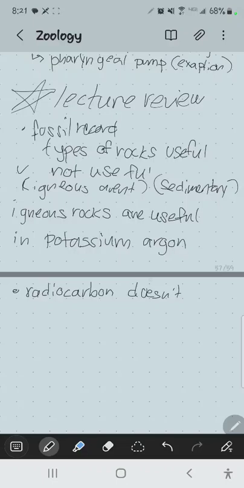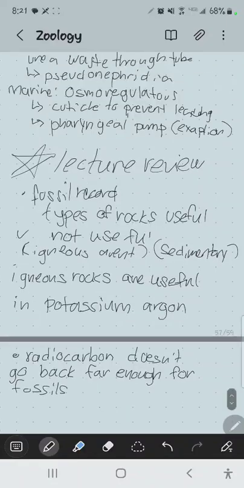I think the slide I showed said it goes back 30,000 years, but nowadays it's more like 60,000 years because of better equipment. But still, 60,000 years is barely enough to show simple speciation events. So radiocarbon dating just doesn't measure old enough to show the age of fossils.